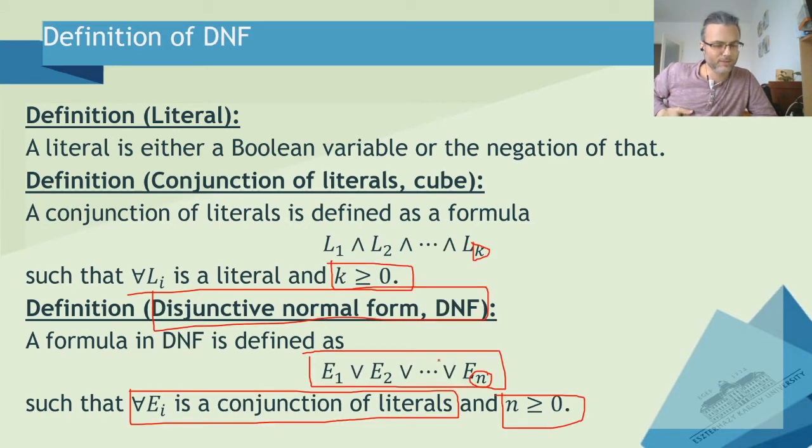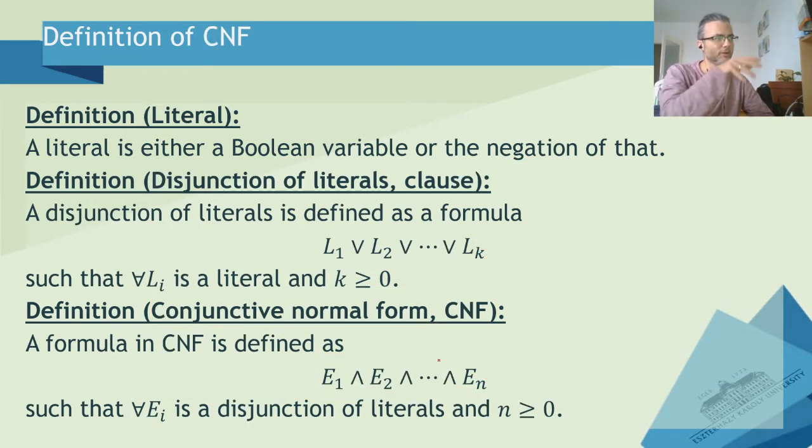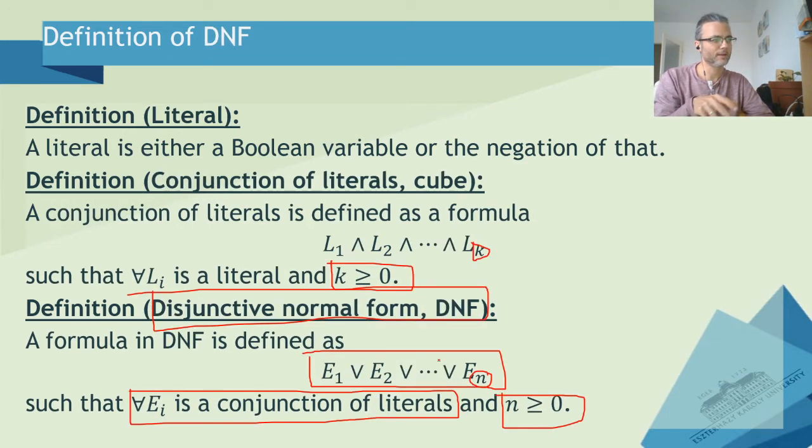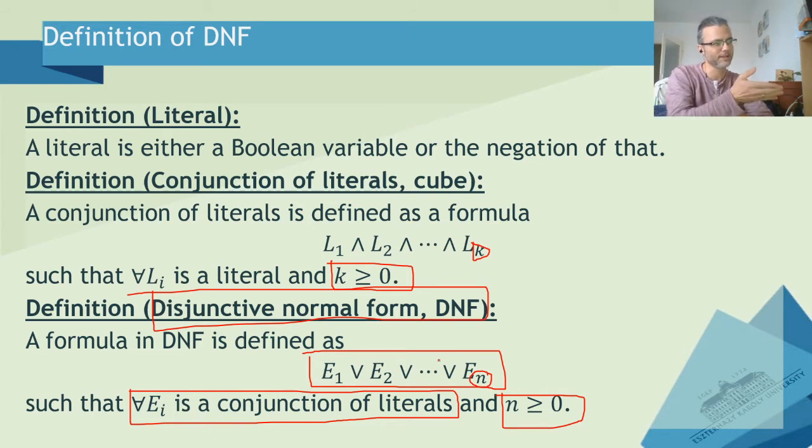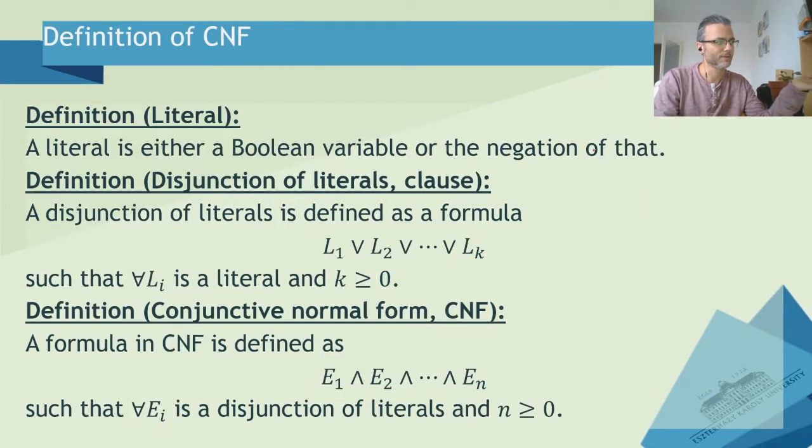Rashid, do you want to ask something? No. Okay, so let's check out the definition of CNF first. Now I'm switching between those two slides. So this is the definition of DNF. This is the definition of CNF. As you can see, they are quite alike. Actually, the definition of literal does not change.